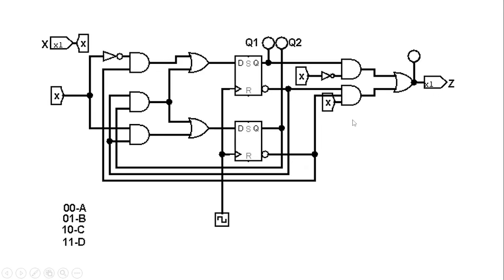Now let's analyze the working of this circuit. This analysis requires 6 basic steps. We'll do them one by one. What is the first step required when we want to analyze the given synchronous sequential network?